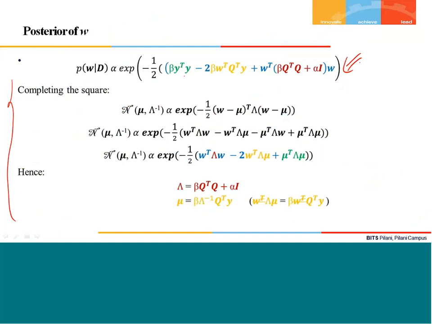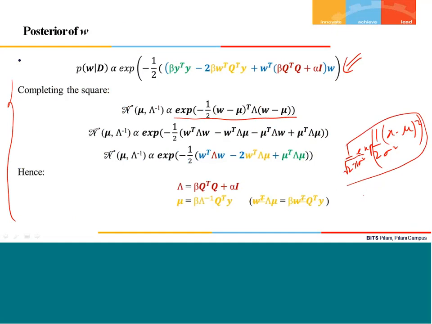What generally do we have if we want to write a Gaussian distribution? We have this form in the multivariate case. In the univariate case, we have x minus mu squared upon 2 sigma squared, exponential, times 1 upon root of 2 pi sigma squared. This is the univariate case. But if you write the same density in the multivariate case, where x could have more than one dimension, you have to write it like this.